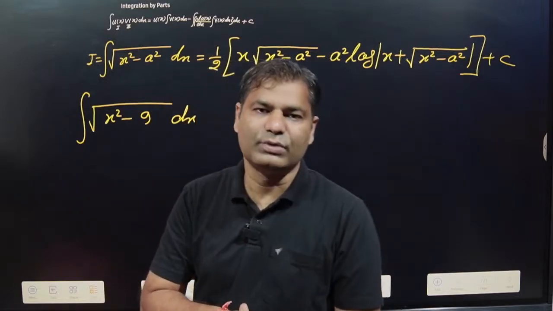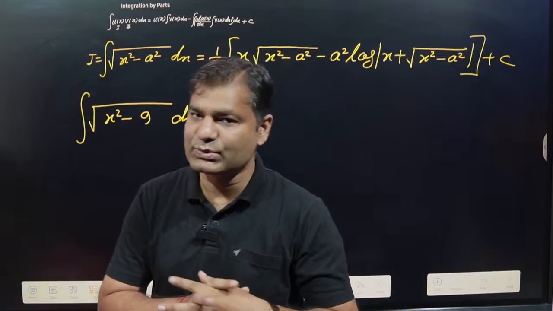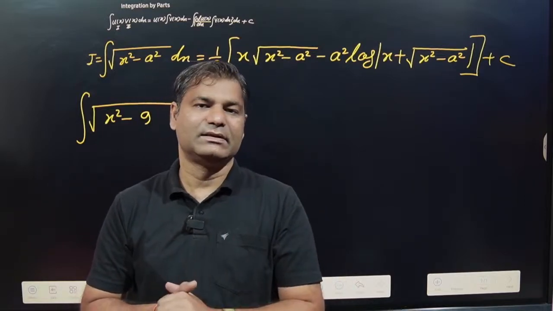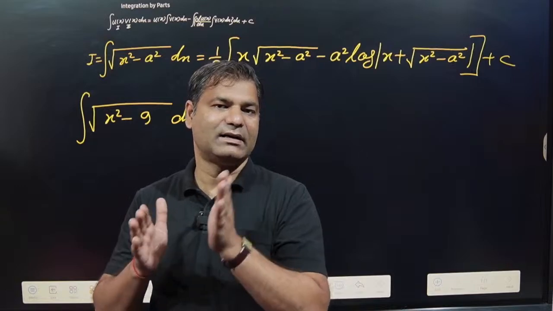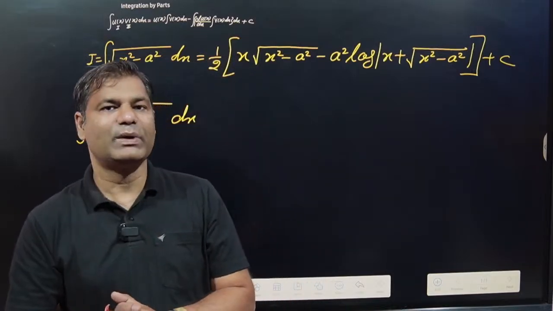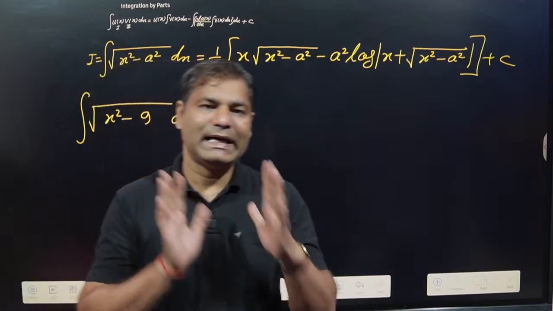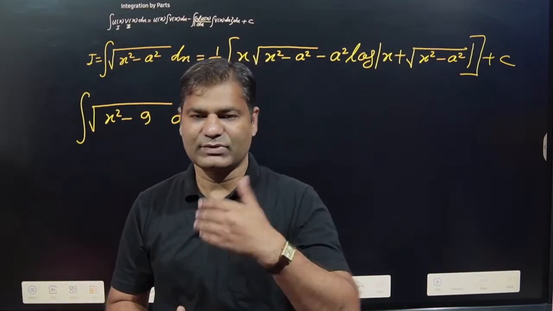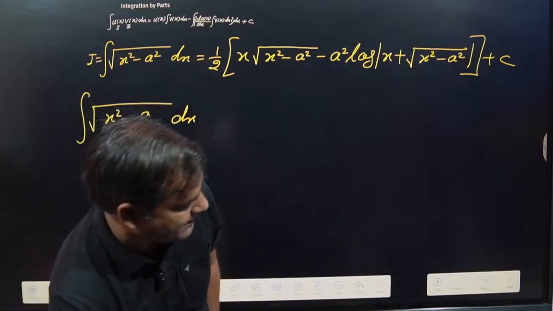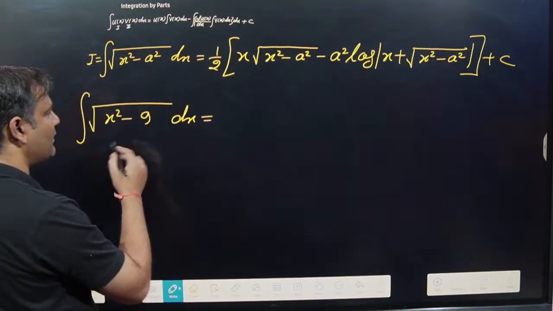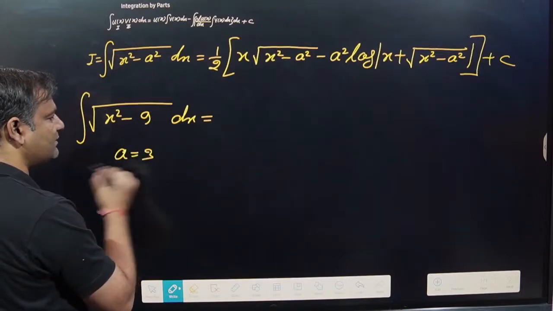Integration of under root x square minus a square is written as how much? 1 by 2 in bracket x into under root x square minus a square minus a square into log of x plus under root x square minus a square, and after that write c. Clear? So now compare. What about a? A is how much? 3.